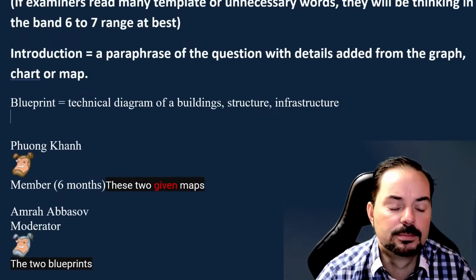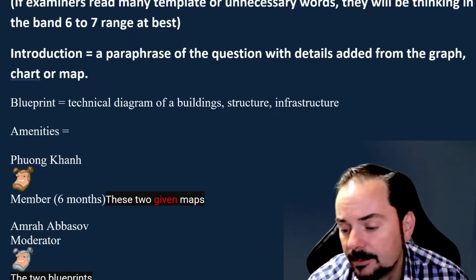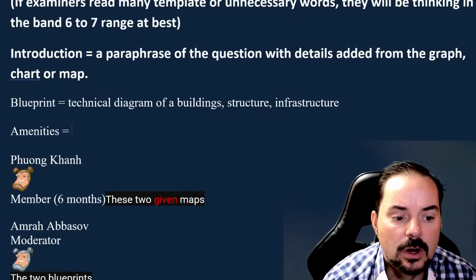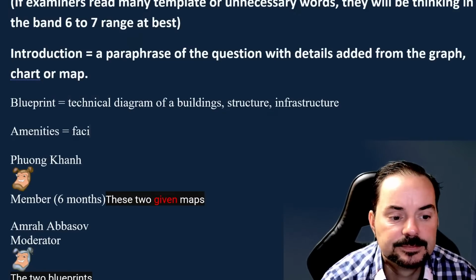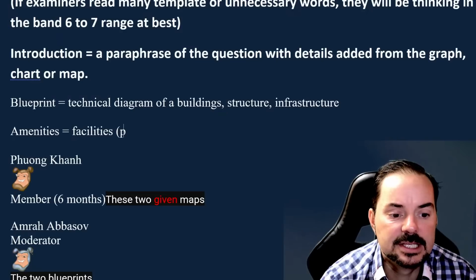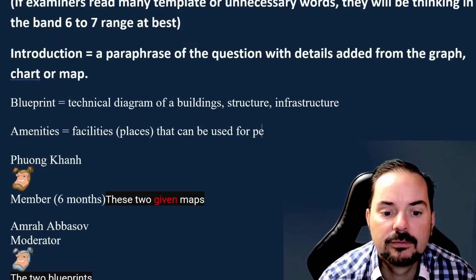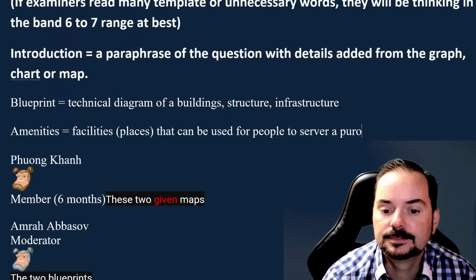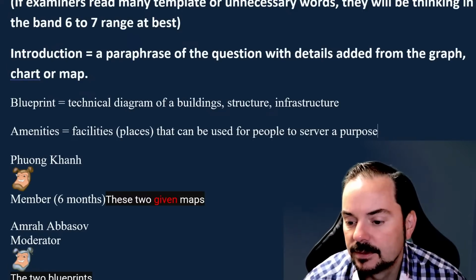We looked at blueprint before, now we're looking at amenities. And I see that Umra, you picked up on that. Umra's like, okay, amenities. Amenities are basically facilities, places that can be used for people to serve a purpose. Okay. It's quite a general term in English, but it's a very useful one.